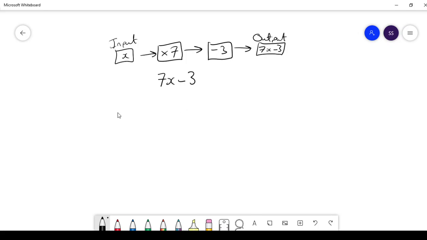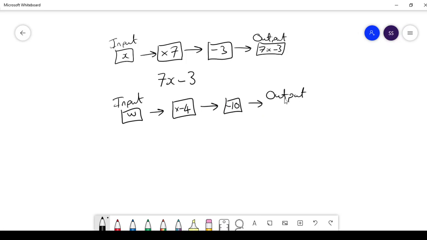Let's have another look at another example. It doesn't always have to be x. Input, let's say w. Then I'm going to times by minus 4, then minus 10. I get my output. Okay, so now I want to write this as an algebraic expression. All I'm going to do is see what happens to this w.